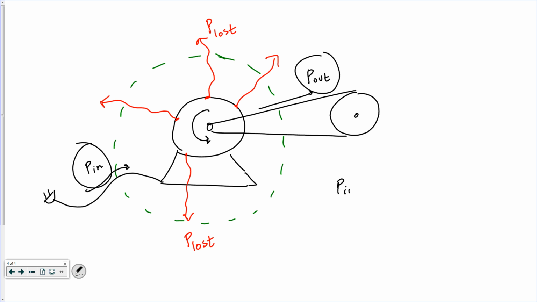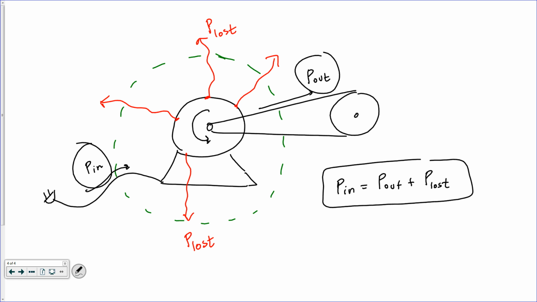P in must be equal to P out plus P lost, because there's no way that you can create energy. There's no way that you can spontaneously destroy energy. So conservation of energy tells us that the total amount of power must remain constant within that system.